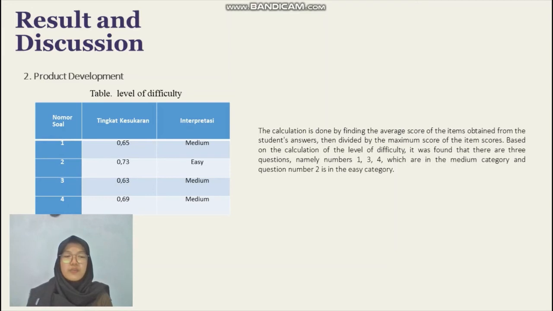Question number 4 is medium with a level of difficulty of 0.69. So, it was found that there are 3 questions in the medium category, which are numbers 1, 3, and 4, and question number 2 is in the easy category.